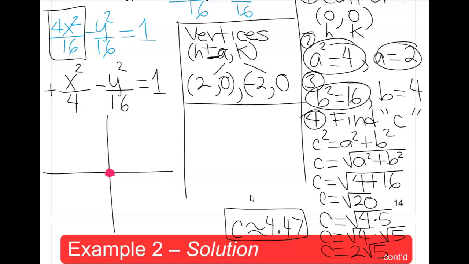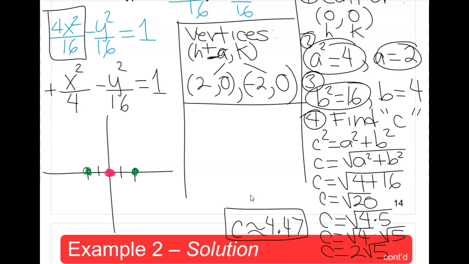So those are the vertices. Let's plot those. So they will be 2 units from the center in each direction, left and right. So there will be here and here. Right there.